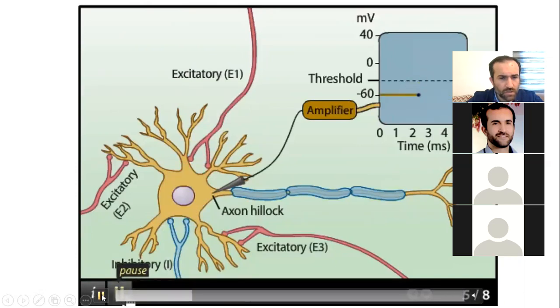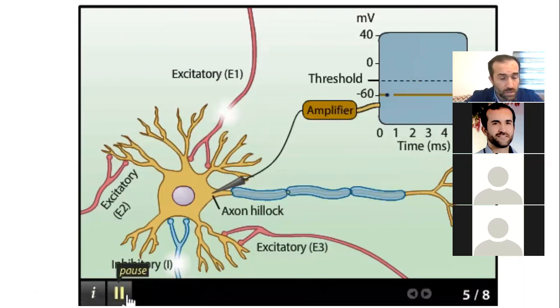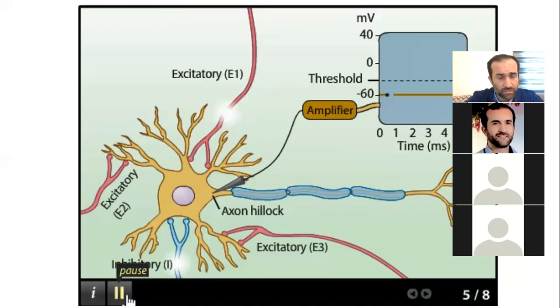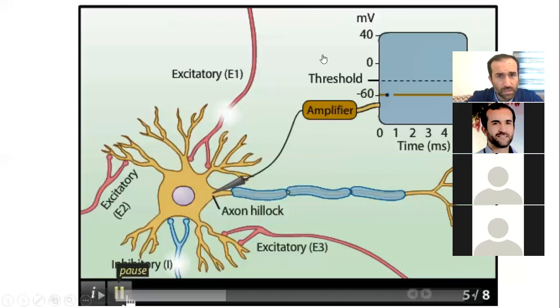How many sources are there? Two sources. So if there are two sources, what can you know? Spatial. Yes, you can. Spatial summation. It is of the same type as the first one. It is a spatial summation.